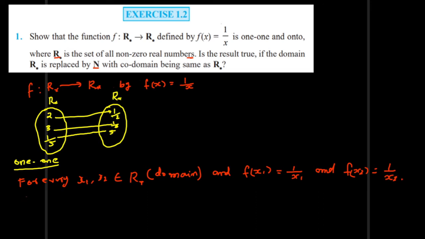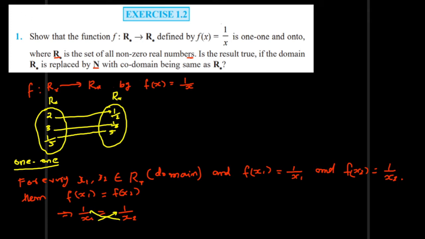Then we take f of x1 equal to f of x2. This implies 1 by x1 is equal to 1 by x2. Then you cross multiply this.